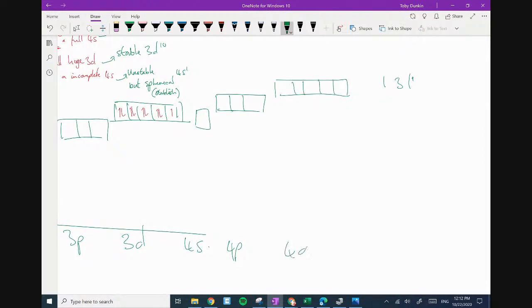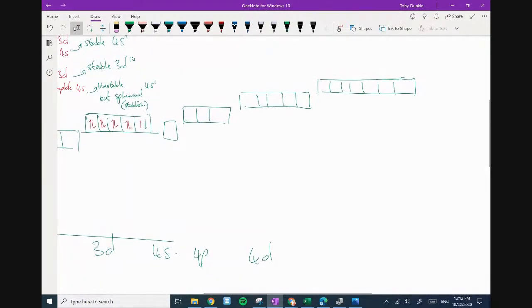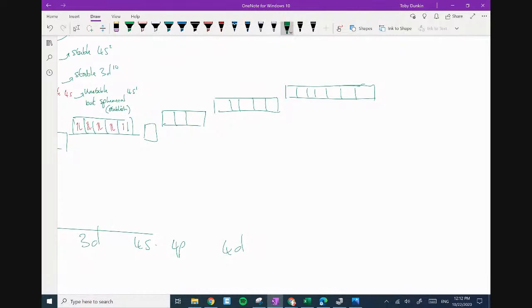There's the 4d. Then we have the 4f, which has got 7 orbitals, 14 electrons. And then we have the 5s, which is here. That's the 4f.